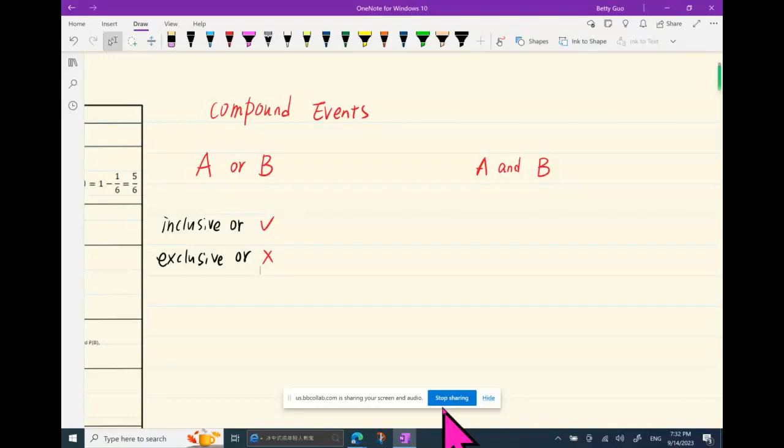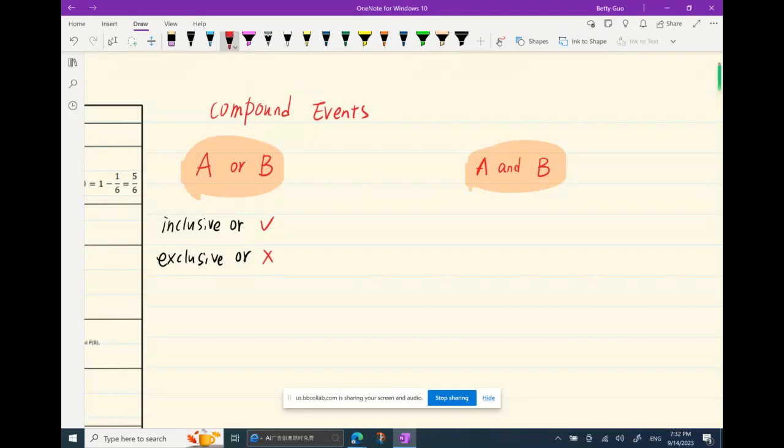The first one is A or B. The second one is A and B. A is an event, B is an event, but A or B also represents an event, a result of the procedure.